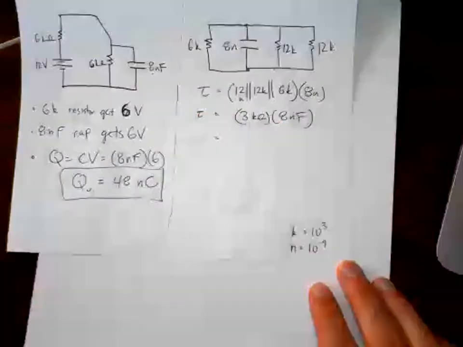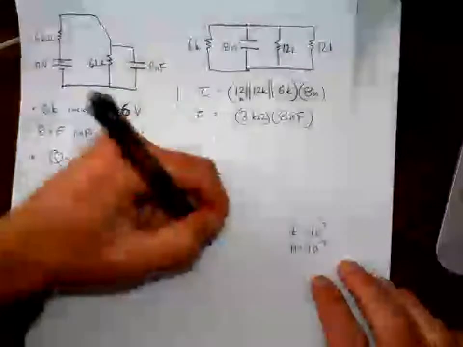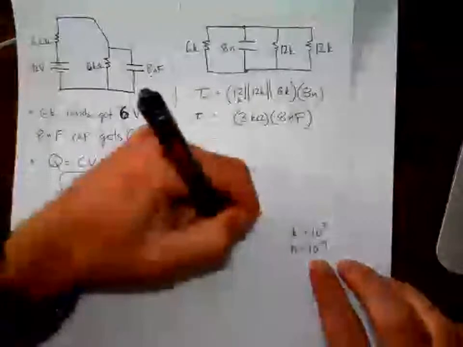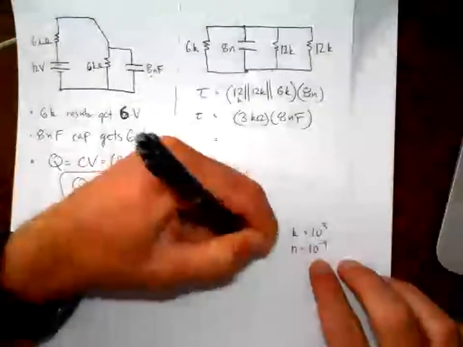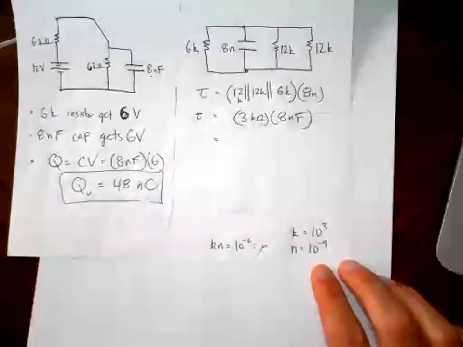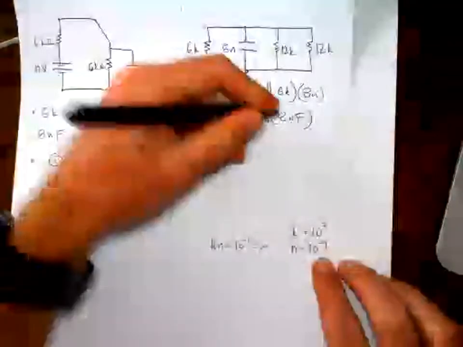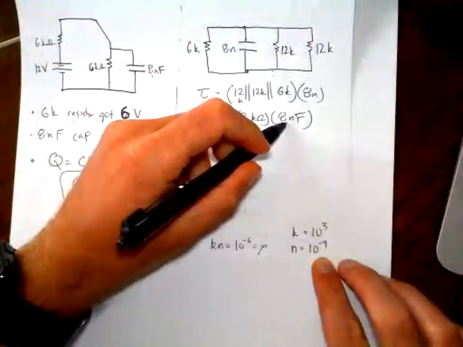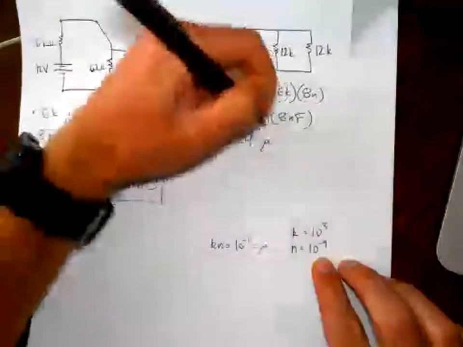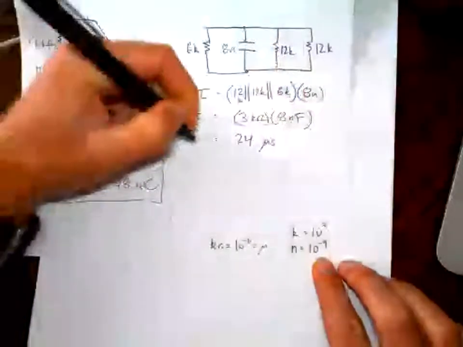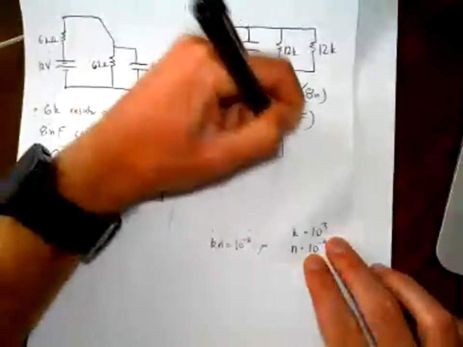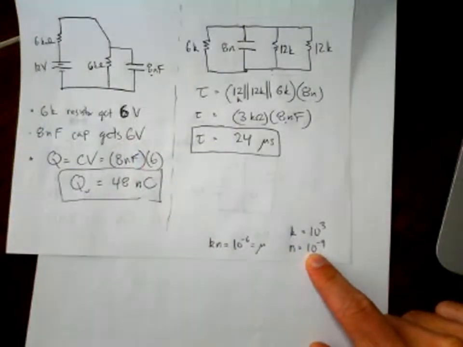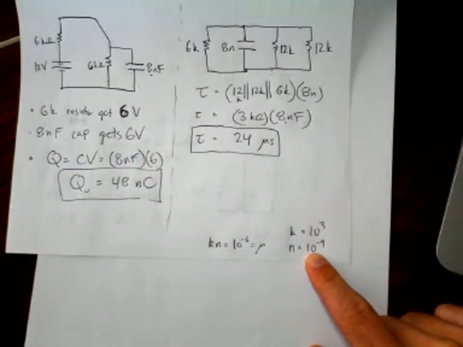So what happens if we do a kilo times a nano? Kilo times a nano is going to be 10 to the minus 6, which is called a micro. Okay, so I have 3 times 8, that's 24. And then I have a kilo times a nano, which is a micro. And then an ohm times a farad is just a second. So my time constant is 24 microseconds. So that's the time scale on which the capacitor will discharge. It's going to be literally microseconds.